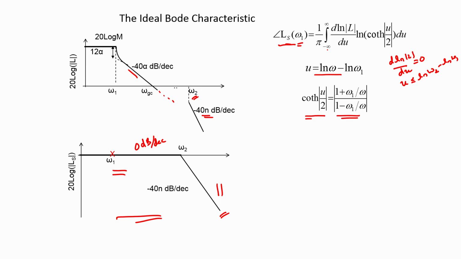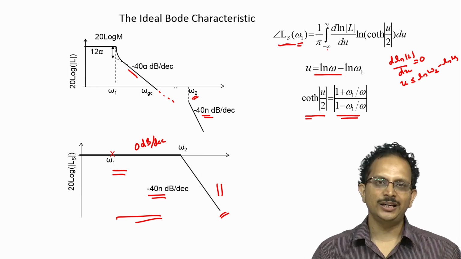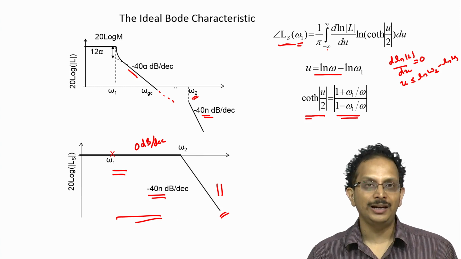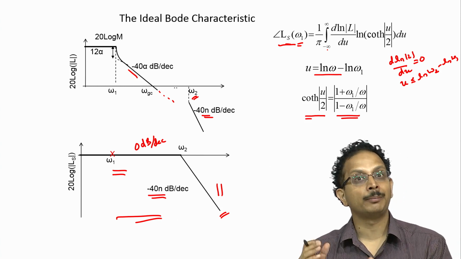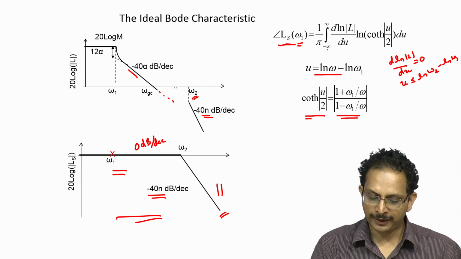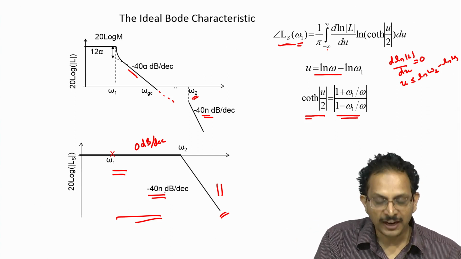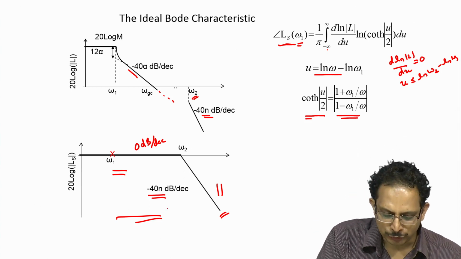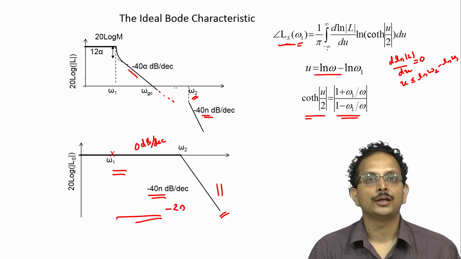However, if we were to represent the same slope on another logarithmic scale where the x axis is log to the base e of frequency and not log to the base 10, and the y axis is simply log to the base e of magnitude of L and not 20 times log to the base 10 of magnitude of L, we can show that a slope of minus 40 n dB per decade in the new graph will essentially amount to a slope of minus 2n units.